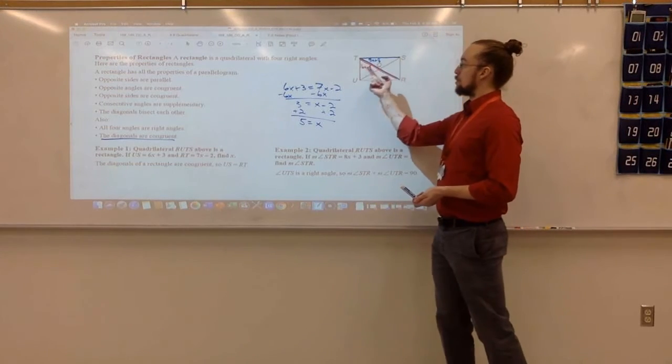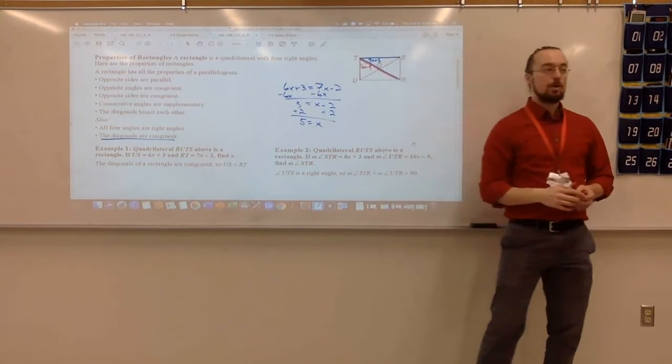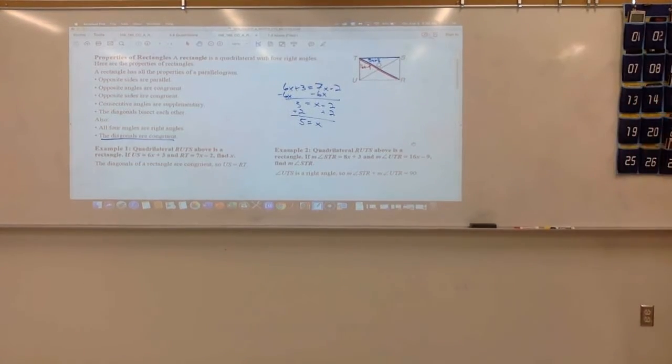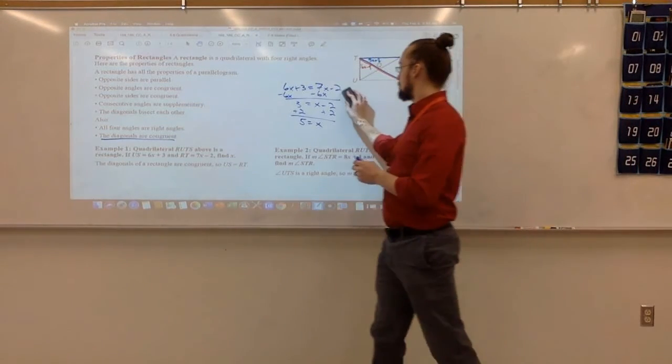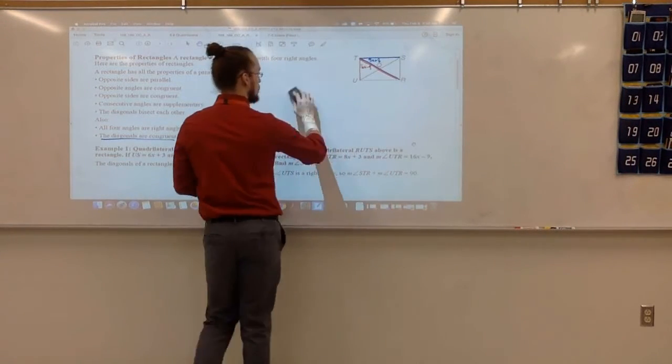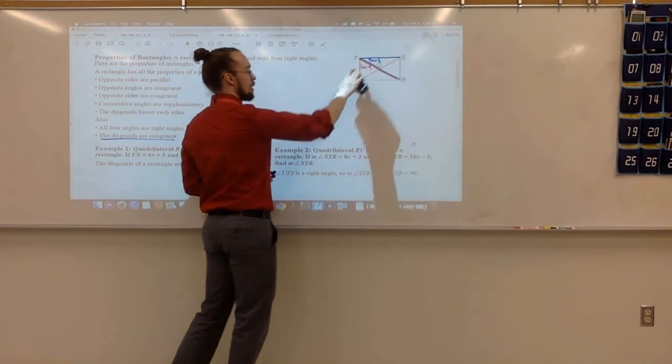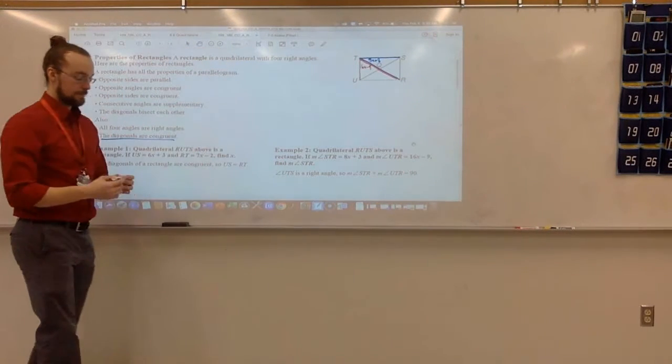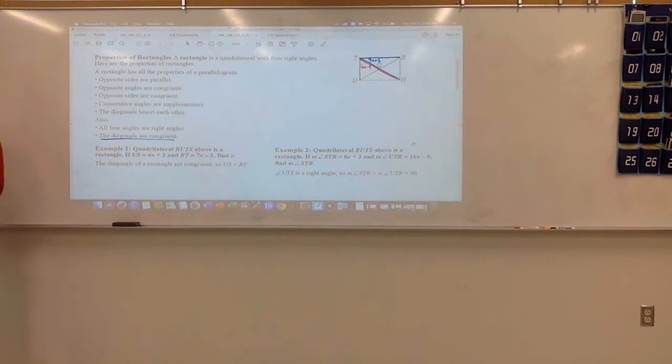What's the relationship between these two angles if I know this is a rectangle? Wait, not 180.